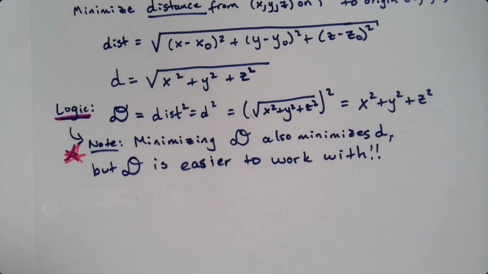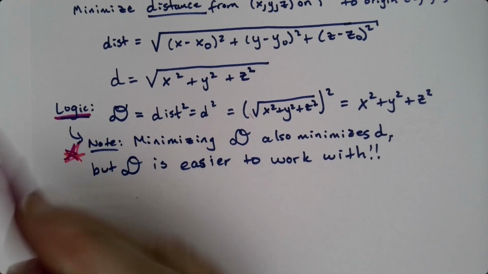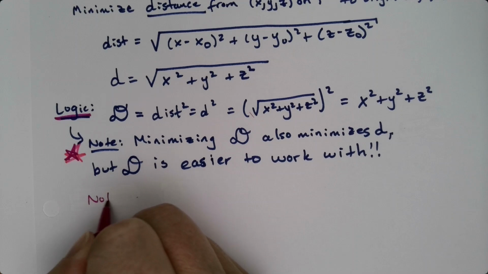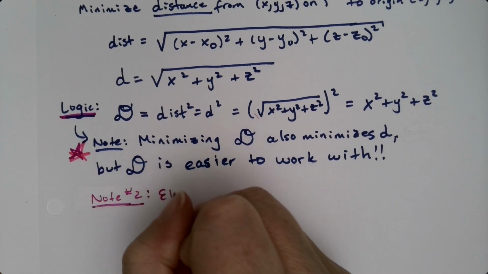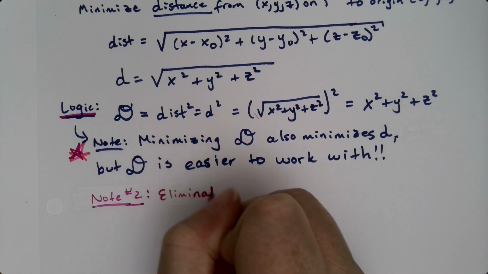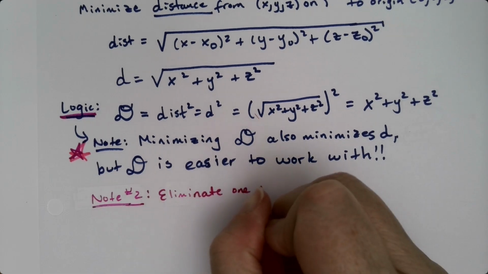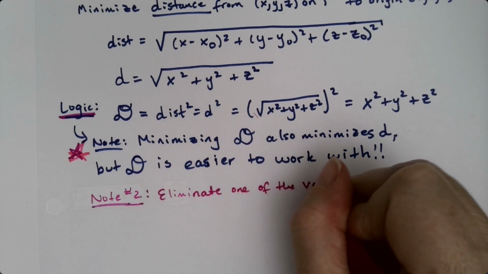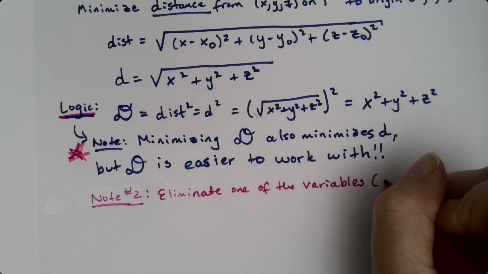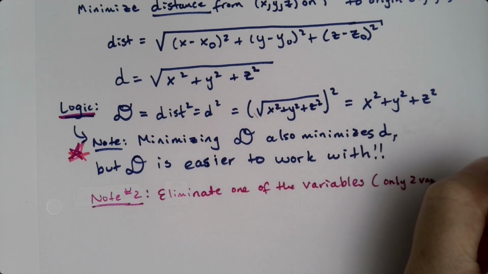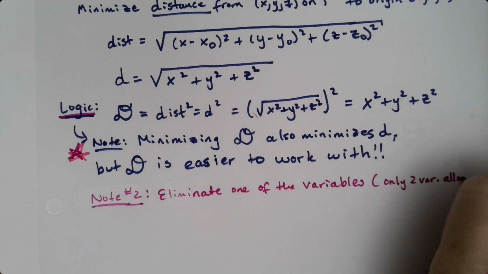We only know how to do 2 variables. So second note, note number 2, we need to eliminate one of the variables. Right? We can only have 2 variables. We cannot have x, y, and z. For our method, we need 2 variables.